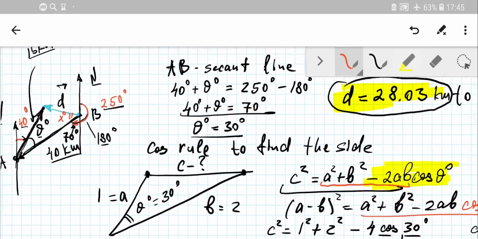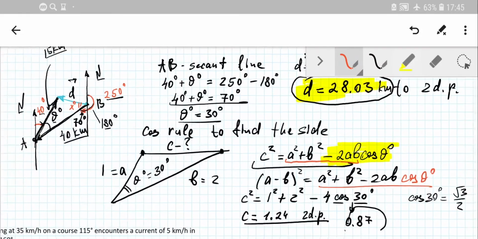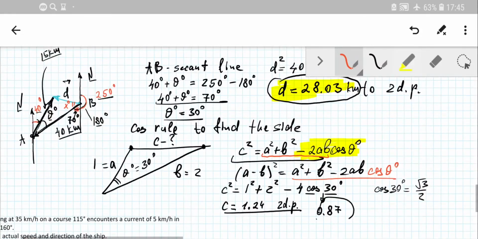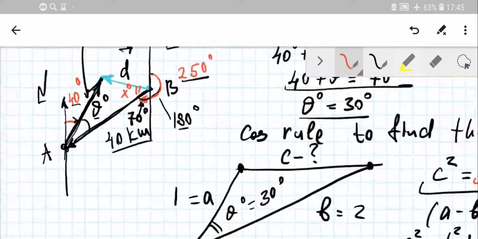For example, I'll show you how to do it practically. So that's the complete bearing. If you want to calculate the bearings of vector D, the displacement vector, it is simply x degrees plus 250 measured from north direction. Okay, so you need to have angle x in this triangle.